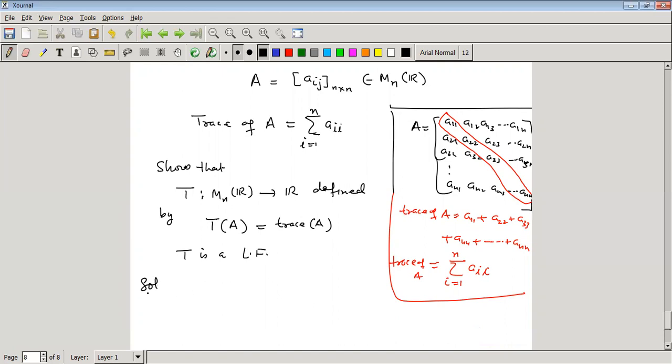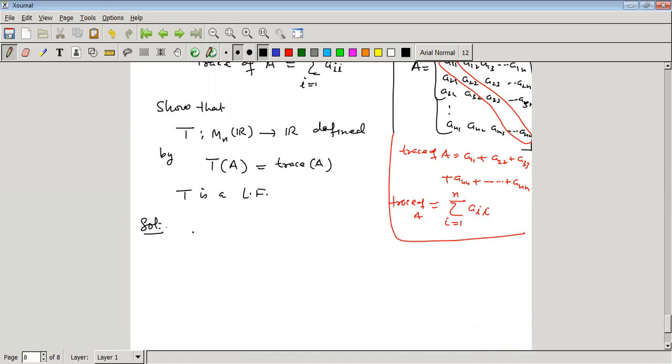Now, how do we define the given mapping?